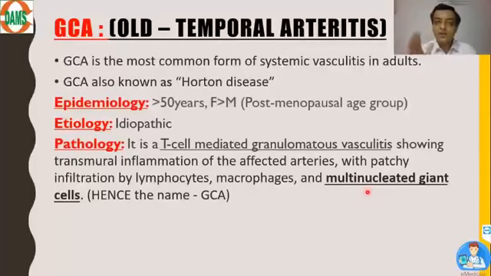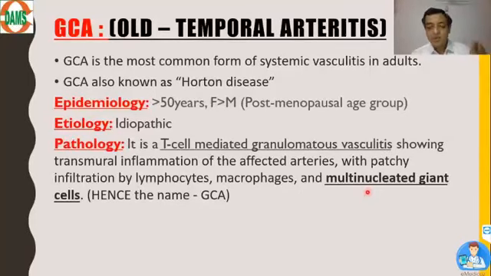So all the new nomenclature is given based on pathology, and it helps the medical student, helps the medical practitioner understand the disease better. We should not give random names.